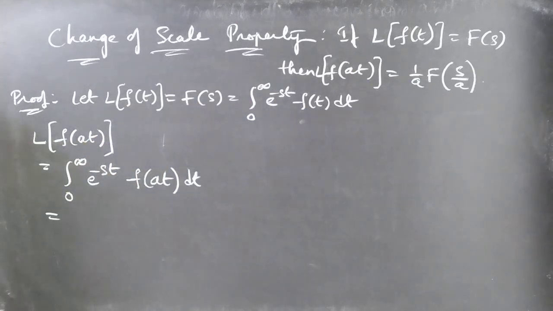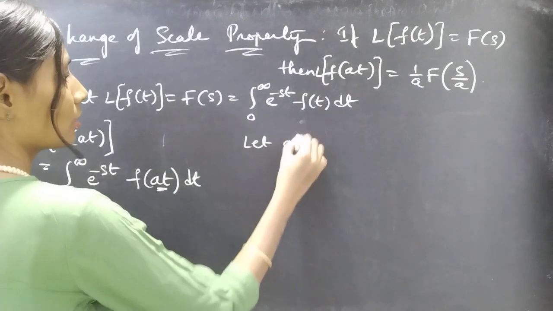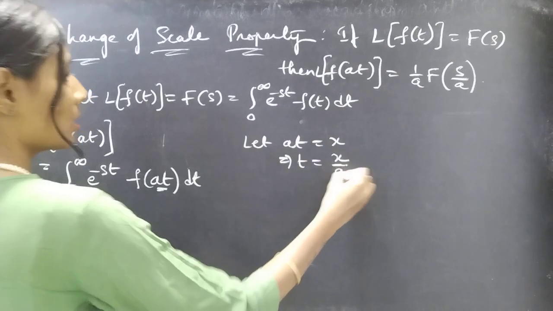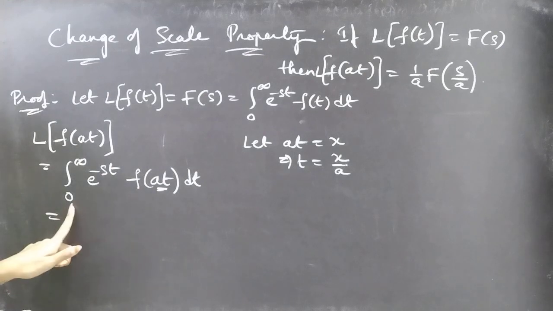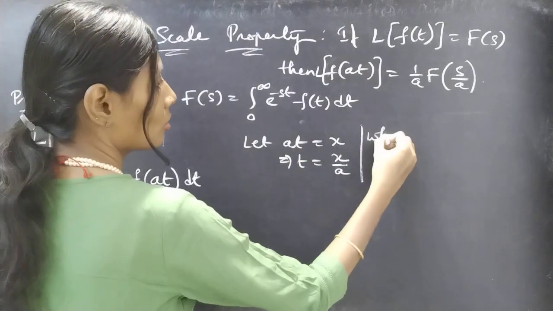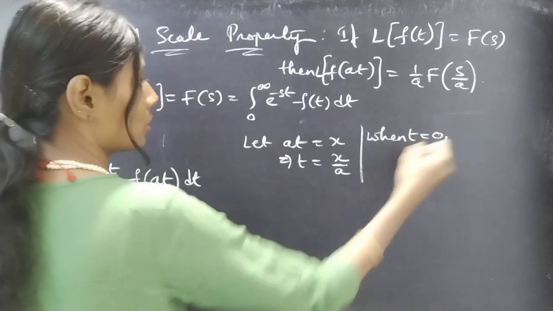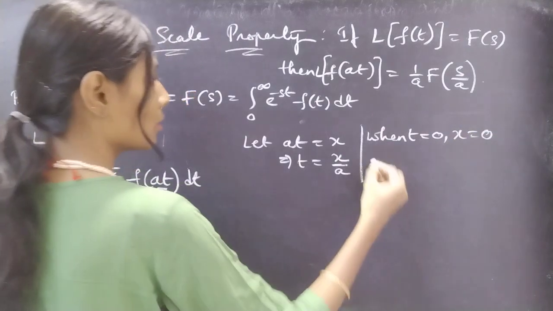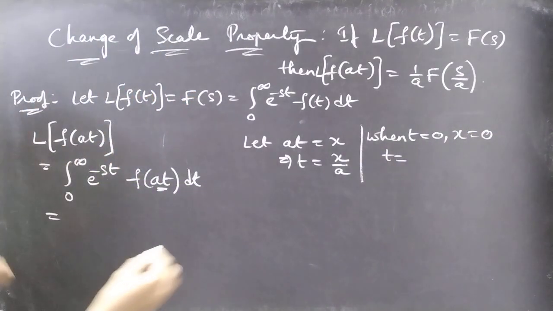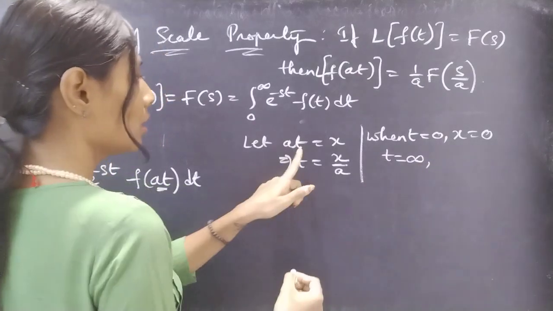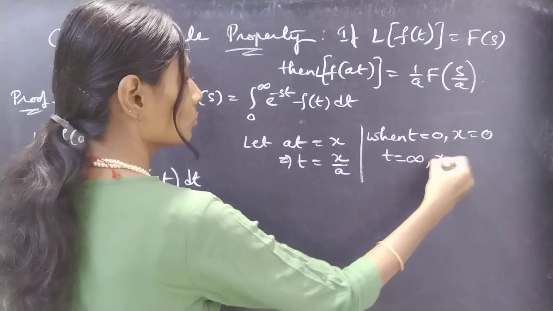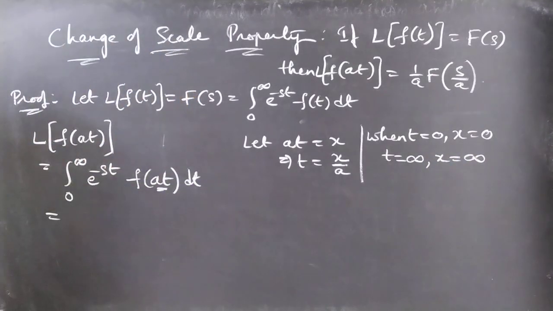Let at equal x, then t equals x by a. When t equals 0, you'll get x equal to 0. When t equals infinity, then a into infinity is infinity, so x equals infinity.